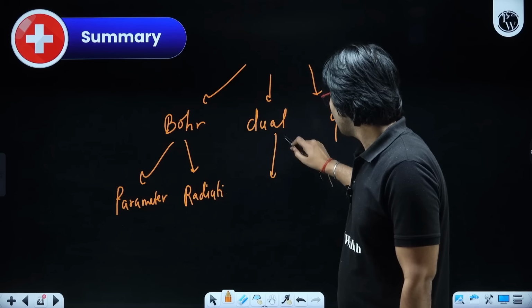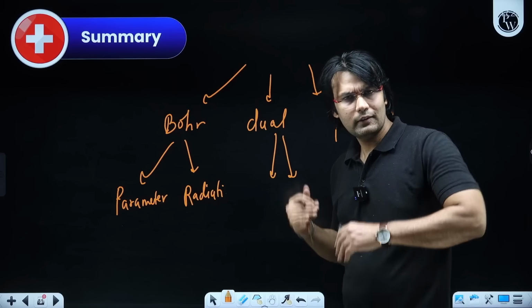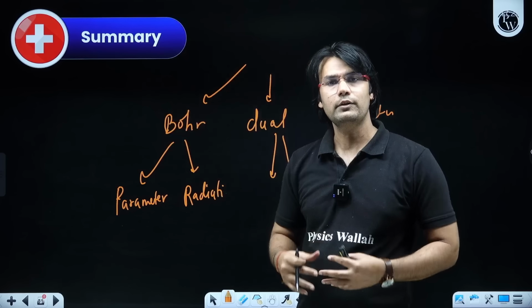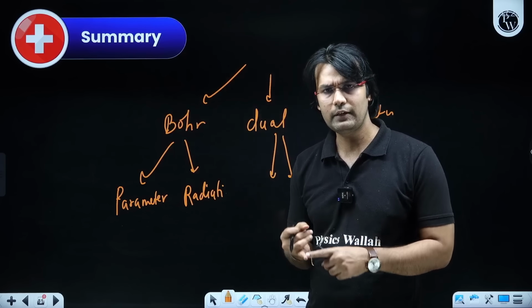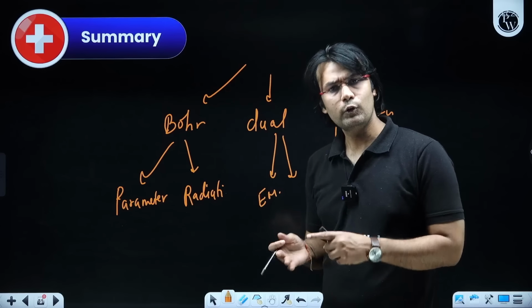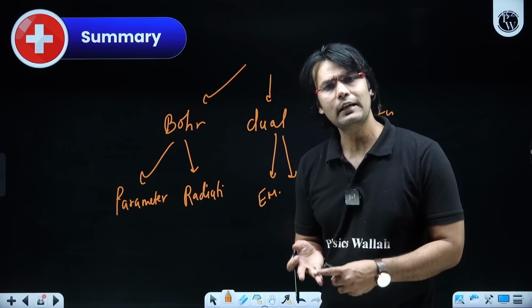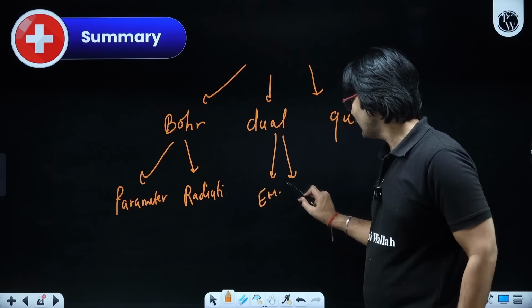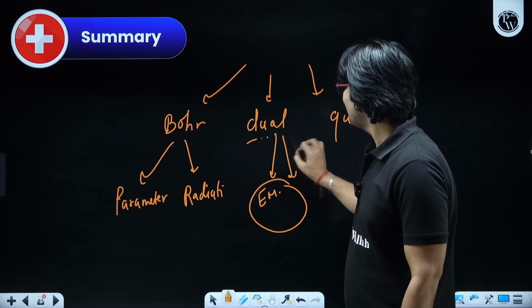In the dual nature part, in the revision you can combine all the wave related topics, like parameters of wave, photoelectric effect, black body radiation, de Broglie's equation, Heisenberg uncertainty principle, and call it dual nature.